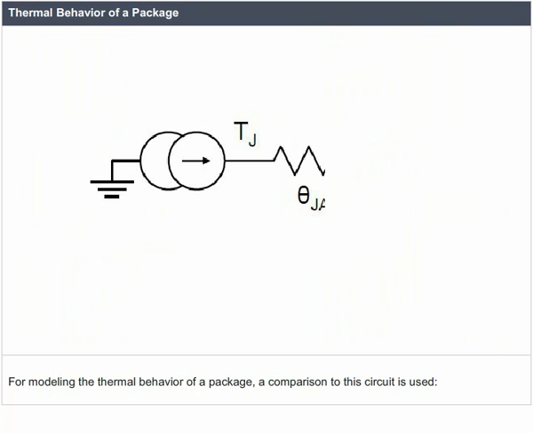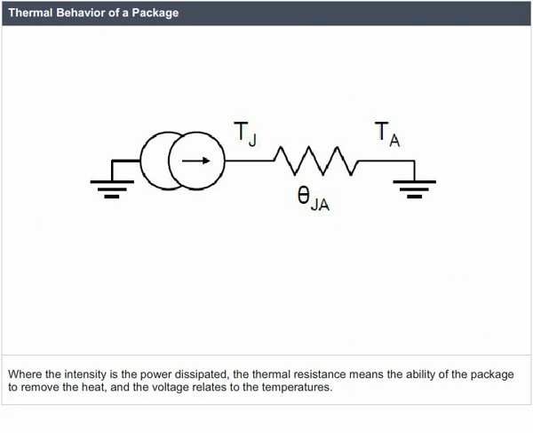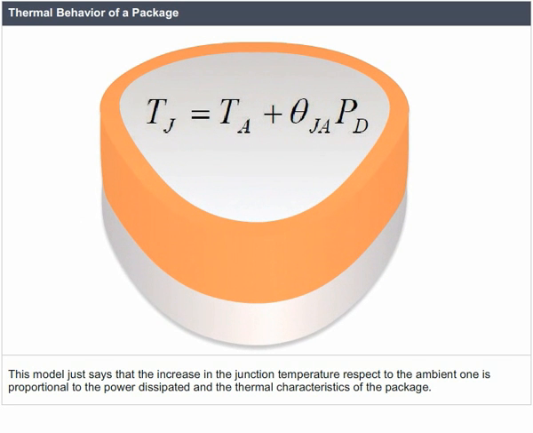For modeling the thermal behavior of a package, a comparison to an electrical circuit is used, where the current is the power dissipated, the thermal resistance means the ability of the package to remove the heat, and the voltage relates to the temperatures. This model just says that the increase in the junction temperature with respect to the ambient one is proportional to the power dissipated and the thermal characteristics of the package.